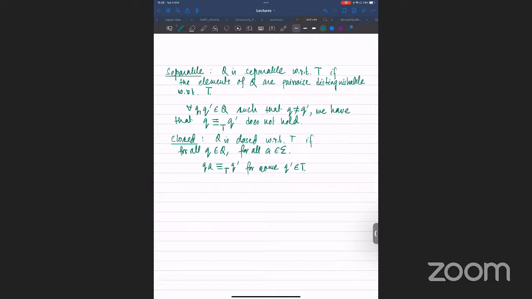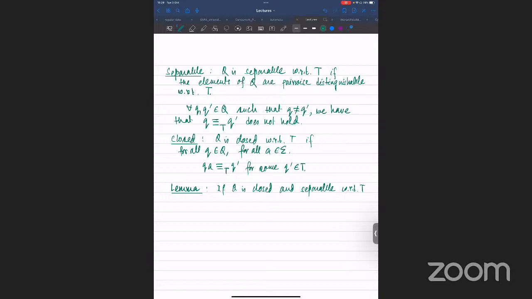Okay. Now I write a lemma which says that if Q is closed and separable with respect to T, just take a minute and think whether you understand the definitions of separable and closed carefully.